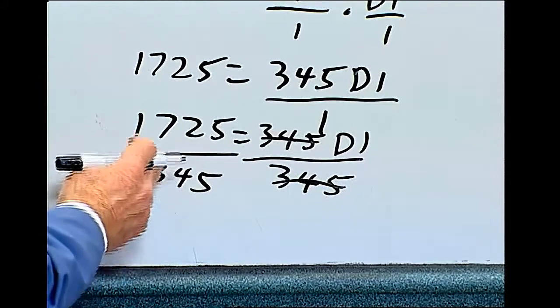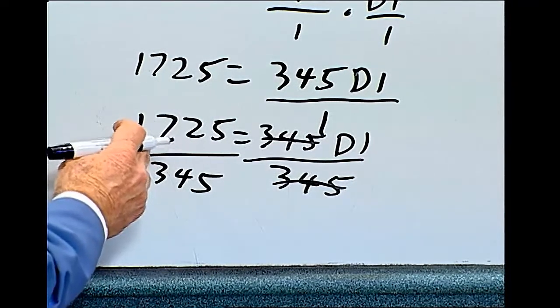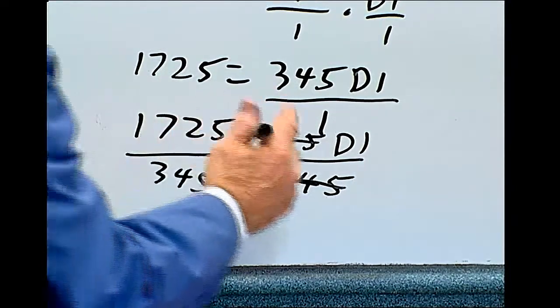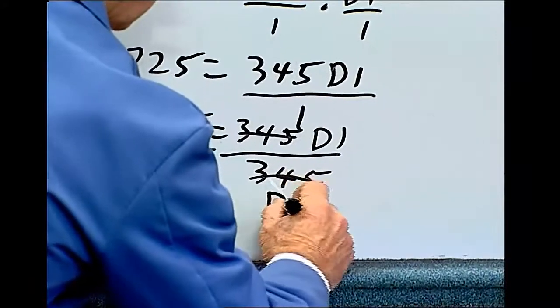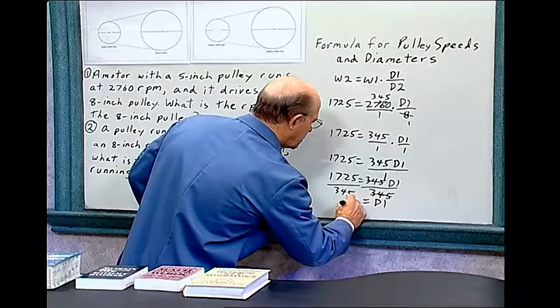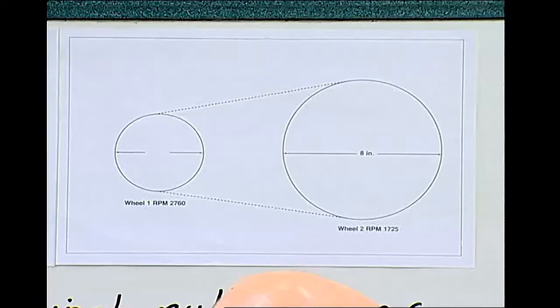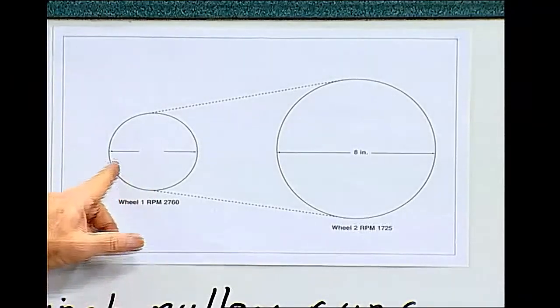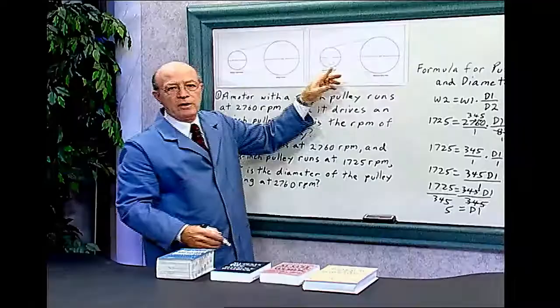So 345 divided into 1,725, and D1 equals 5. So D1 for this pulley over here is 5 inches.